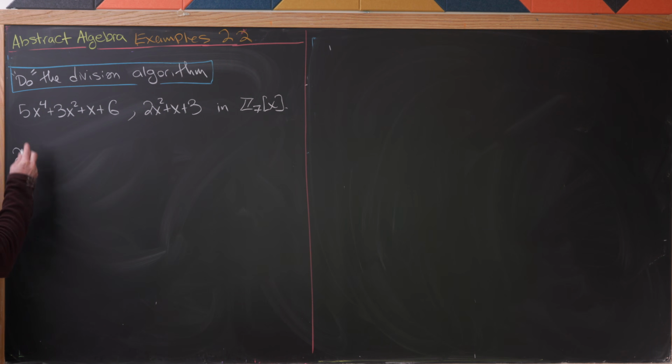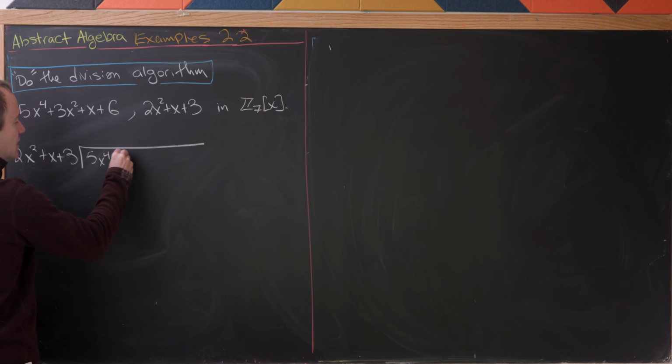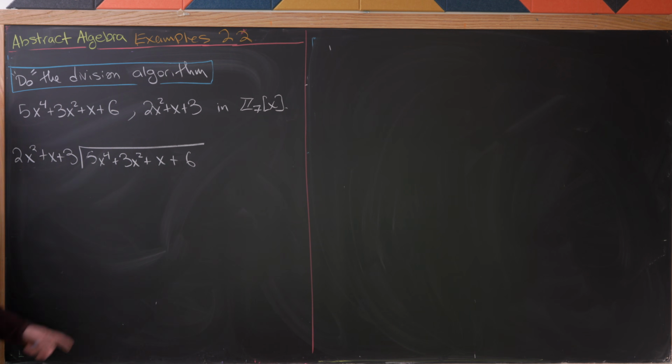So we're going to do our standard strategy here. 2x^2 + x + 3 is dividing into 5x^4 + 3x^2 + x + 6. To achieve this 5, we need to multiply 2 by something to get 5 inside of Z7. I think the appropriate strategy here is just to go through all of the elements of Z7 in your head until you see one.